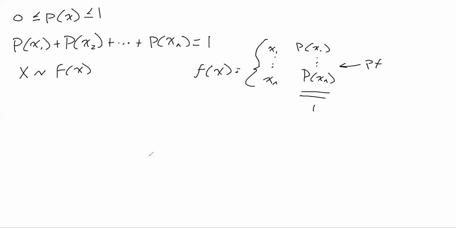And you also have a cumulative distribution function, a CDF, which gives a cumulative probability. The CDF gives the probability that a random variable X is less than or equal to a particular value. Little f is for a probability function, and big F is going to be for a CDF, a cumulative distribution function.